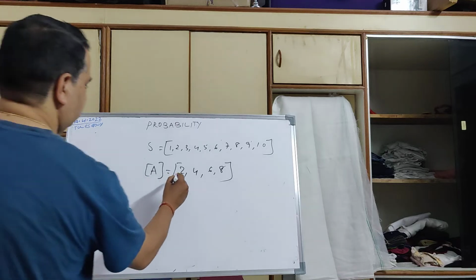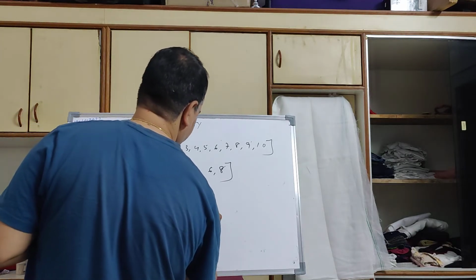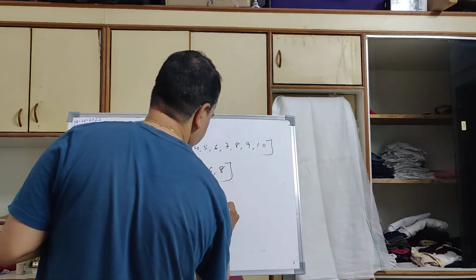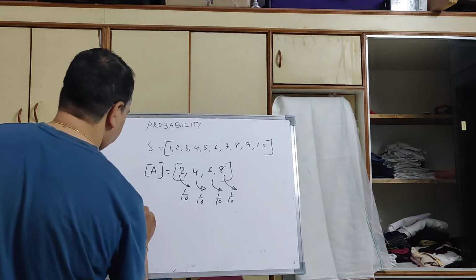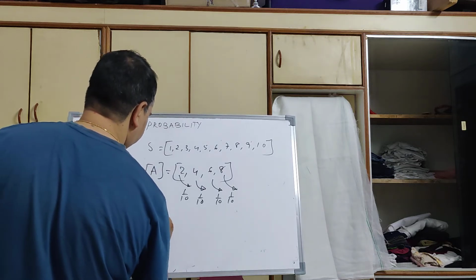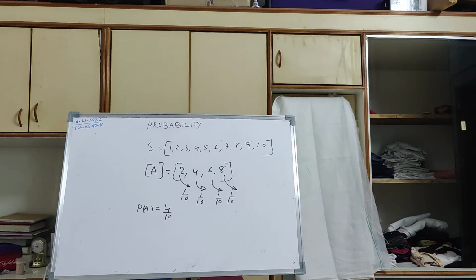The probability of 2 is 1 by 10, because these are all equally likely. So the probability of event A is equal to 4 by 10.